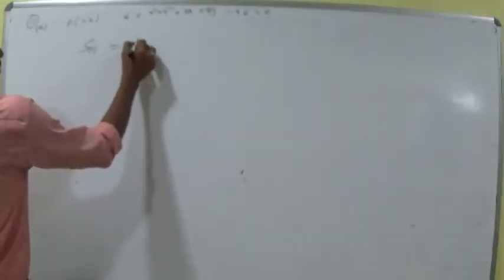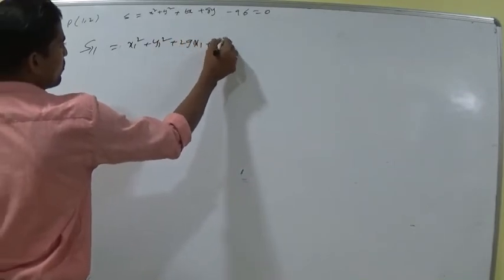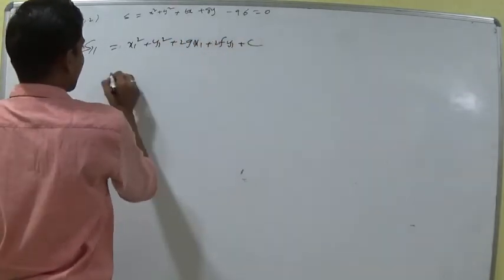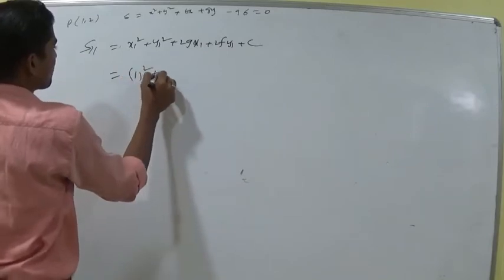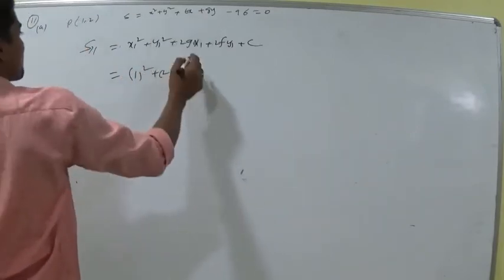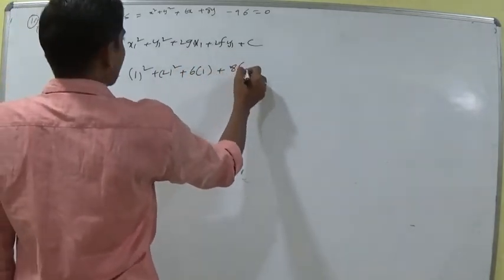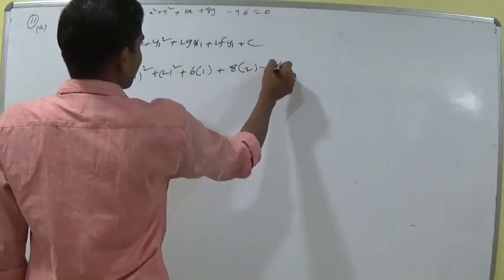S11 is x1 square plus y1 square plus 2g x1 plus 2f y1 plus c. Here 2g is 6, x1 is 1, so 6 into 1, plus 2f is 8, y1 is 2, plus minus 96, right?